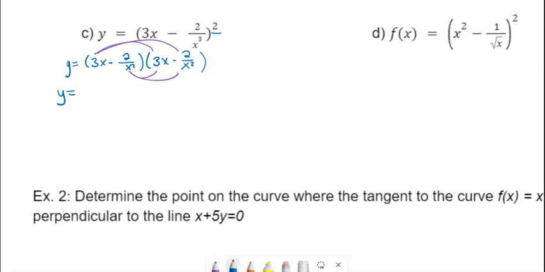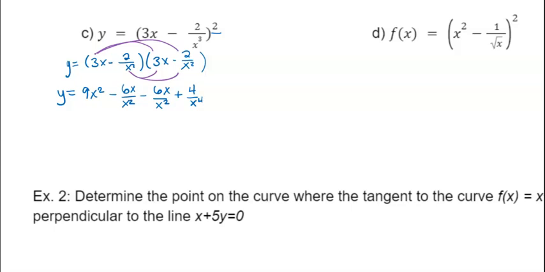So 3x times 3x is 9x squared. And then I'm going to have minus 6x over x squared. I'm going to have that again. And then I'm going to have plus 4 over x to the 4.